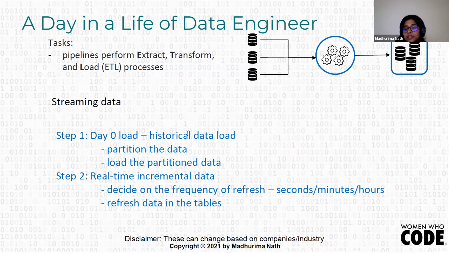Now the real time is what you decide. Do you want to refresh it every second? Do you want to refresh it every minute? And then refresh the tables as you go. So you set up a trigger to run, let's say, a create table or insert into table if it doesn't exist, a SQL command.